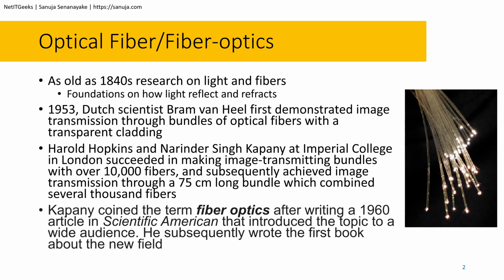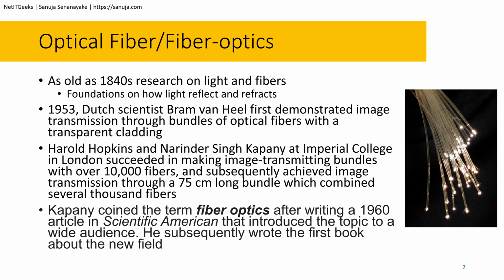Basically, you have an image in the laboratory and a bundle of optical fibers, and on the other end of that bundle you can view that image. In 1953, this research laid the foundation for what we call modern day fiber optics communication.